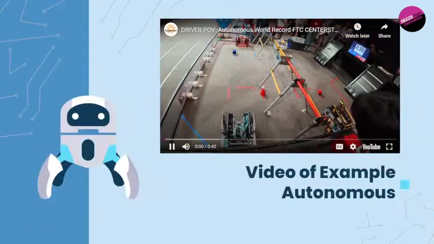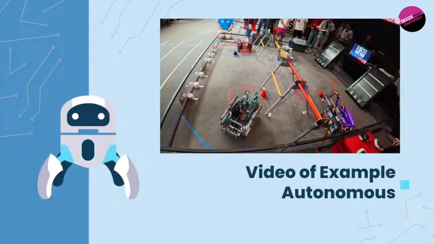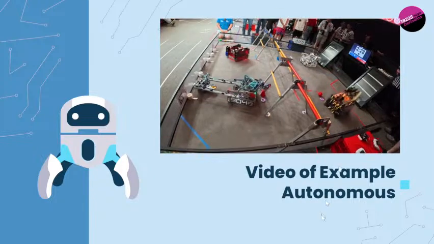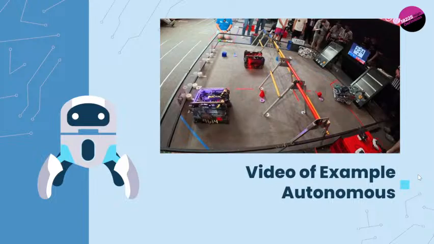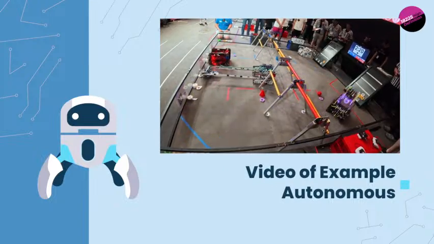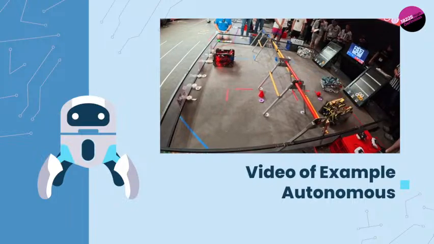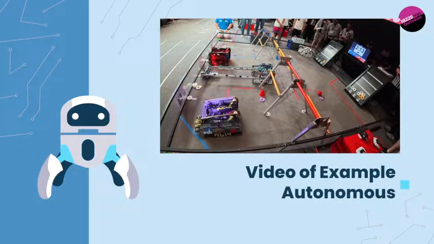Okay, and here's a video of an example autonomous period. This is completely robot control and no driver, so it's pre-written code. FTC is a bit different from BattleBots, so you aren't actually trying to defeat each other.